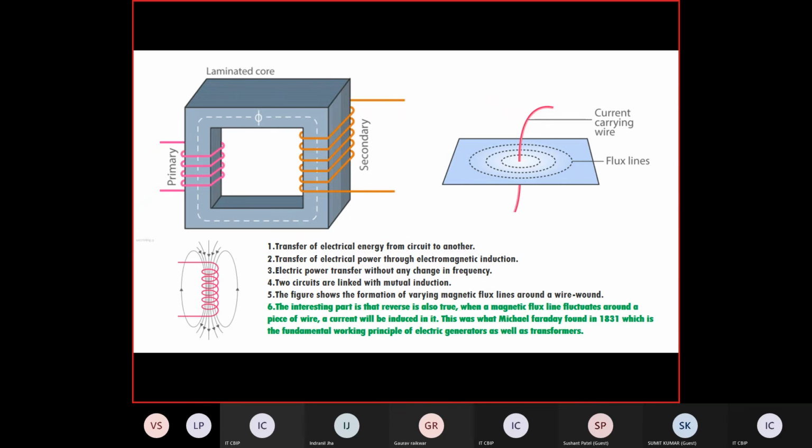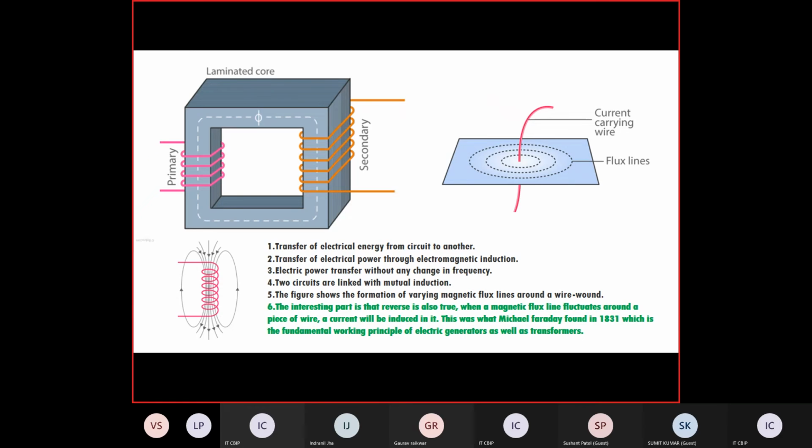And in between there is a core, a ferromagnetic material core, which is laminated. Laminated means thin sheets are used to form the core. There is a reason for using thin laminated cores that we will discuss later on.